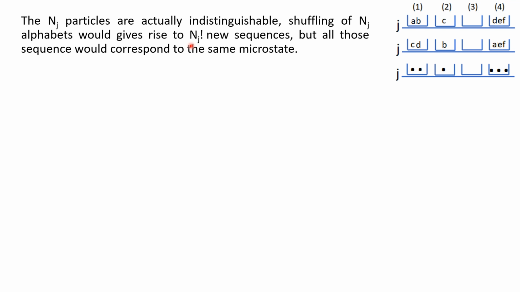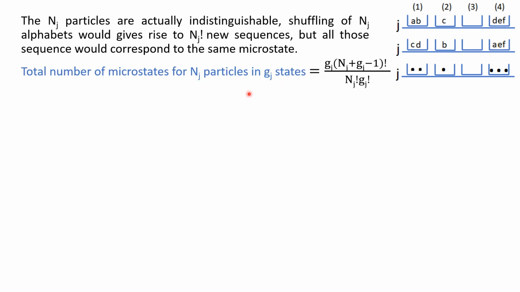However, if these particles are indistinguishable, then those Nj factorial new sequences correspond to a single microstate. So we have to exclude this repetition. For that, we divide this total number of microstates by Nj factorial.